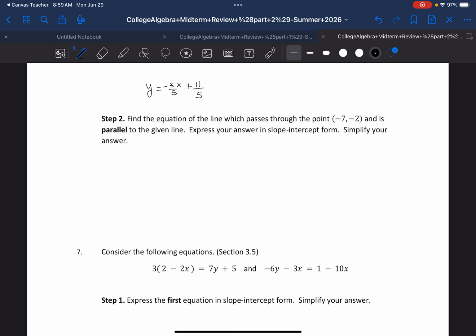Okay, so this is the given line that we just got in slope-intercept form. So I know what my slope is. My slope of this line is negative 3/5 because that's the number being multiplied in front of the x.